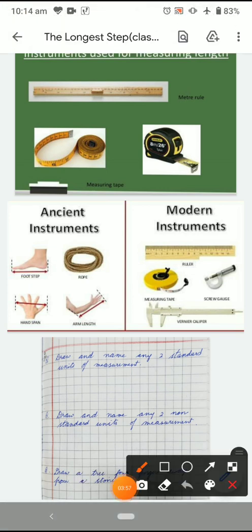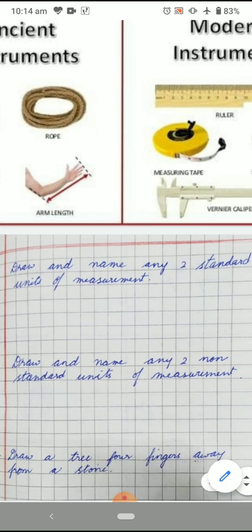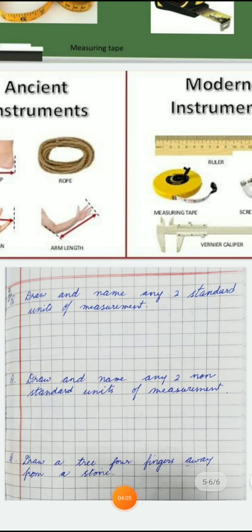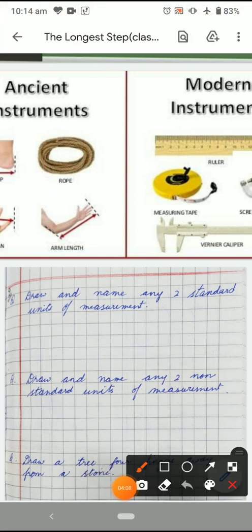Now let's see. Draw and name any 2 standard units of measurement. Very simple. Standard, you have measuring tape, you have ruler, you have meter rod. So you can write the name also and draw it. That's why I've given you this PDF also, so that you can scroll up and see it.